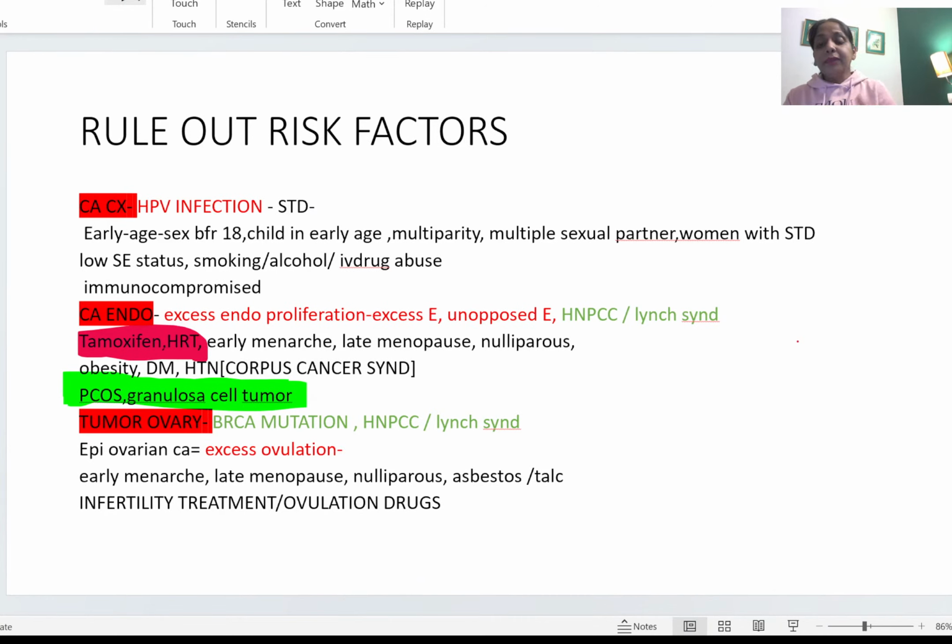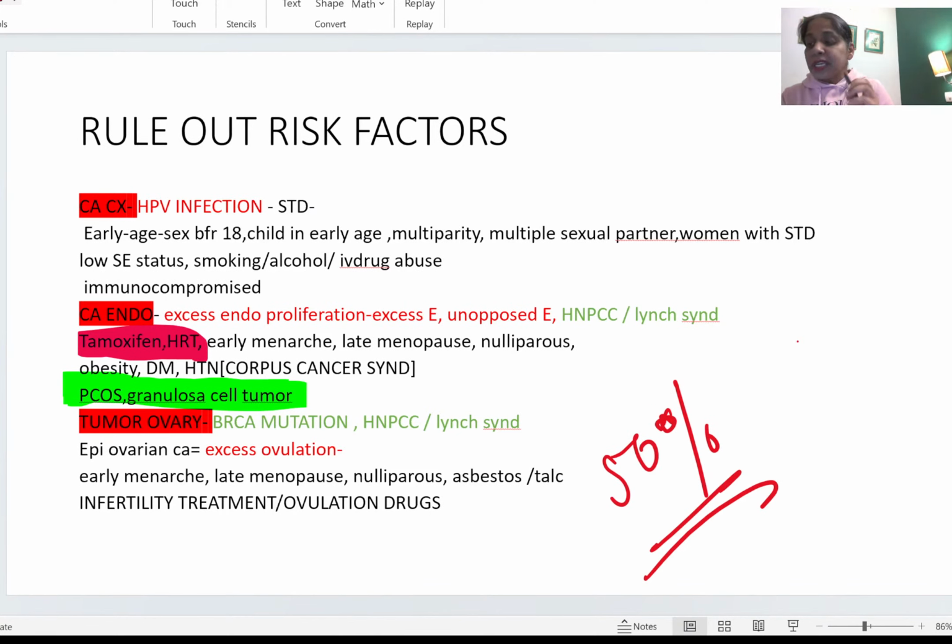There are 50% chances that the patient will have CA ovary or CA breast. The most important risk factor for CA ovary is BRCA mutation.